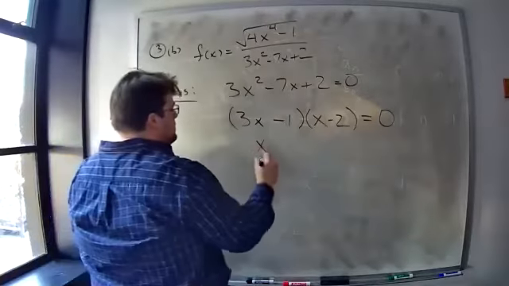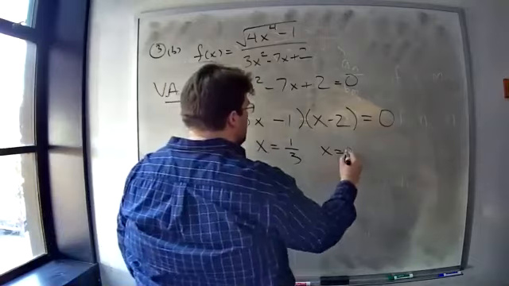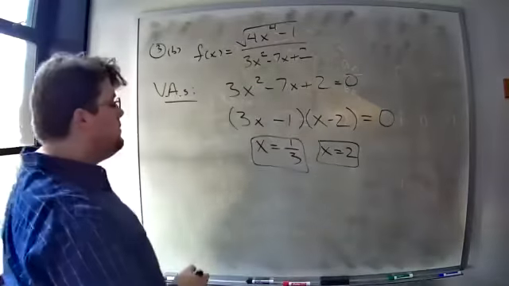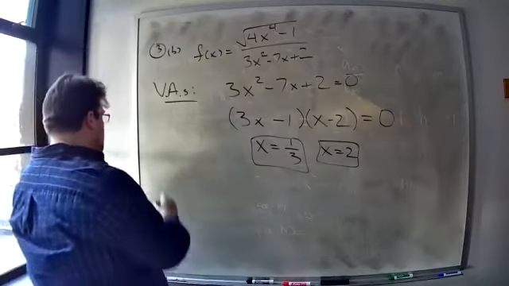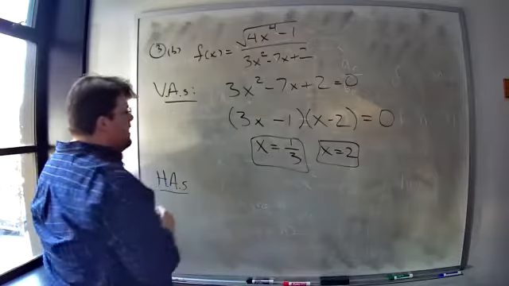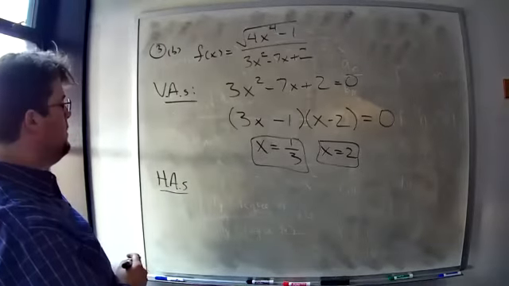And now we just set each of these equal to 0. Add 1, divide by 3. Add 2. So you get x equals 1/3 and x equals 2 as our vertical asymptotes. Any questions about the vertical asymptotes here?